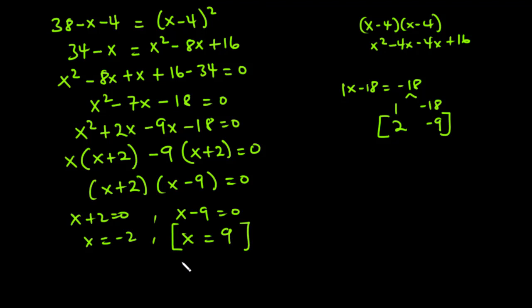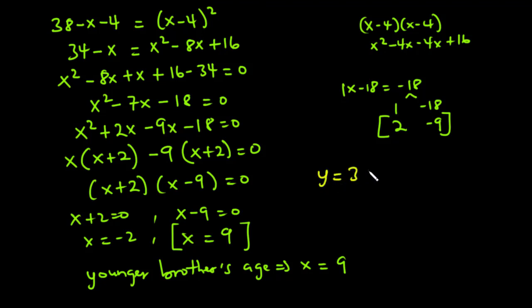Now don't forget that the younger brother's age was x, so we have the younger brother's age, that is x equals 9. So the younger brother's age is 9. So now let's find the elder brother's age. Now the elder brother's age was represented with y. So from equation 3, we had y equals 38 minus x, and then we know that x is equal to 9.